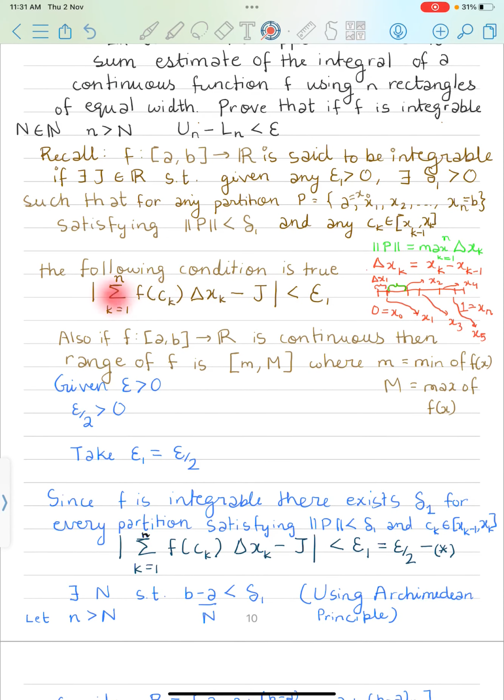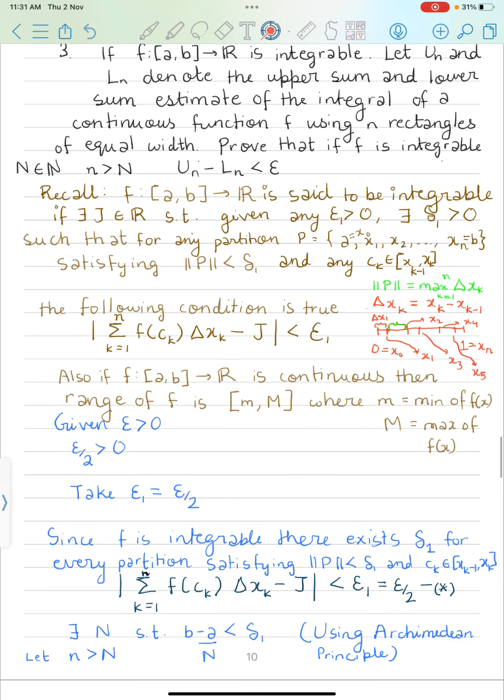If f is integrable, then this is the condition. In this question, we are given that this function is integrable, so this condition is true. Now I have explained all the conditions, and we are going to actually solve this question.